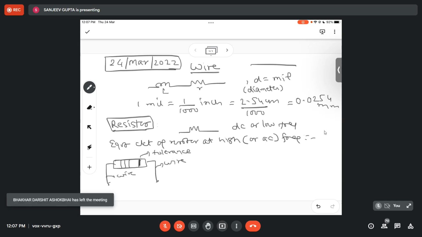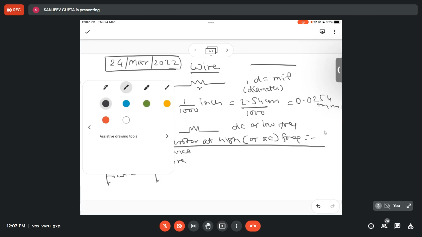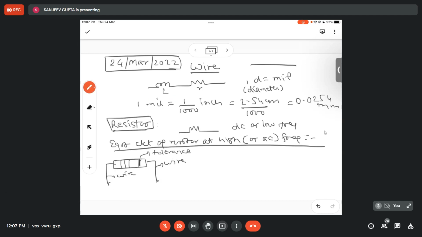So how to represent the equivalent circuit of a resistor at high frequencies? It will be represented like this. This is my nominal value of resistor, which I am denoting by capital R. And because there is a wire on this side, there is an inductor and a resistor, as you have seen for a wire.